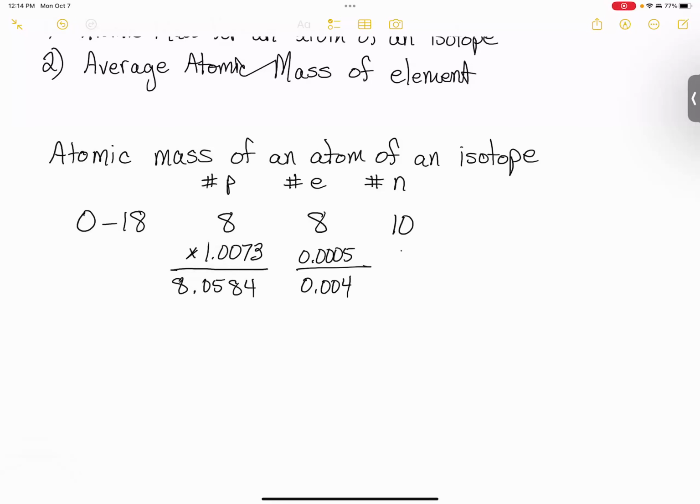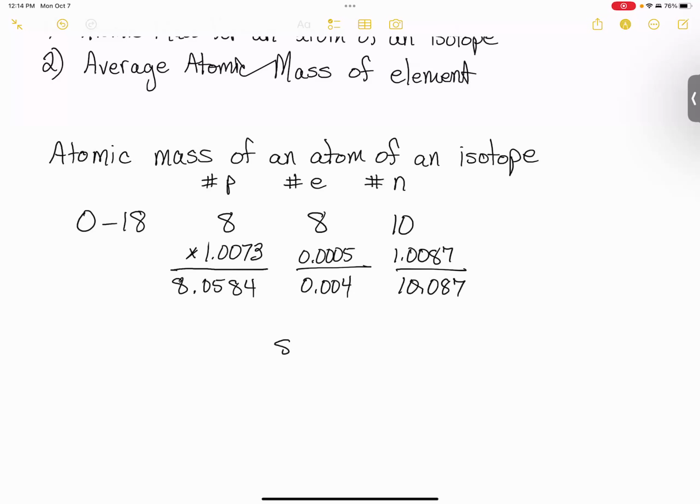And then there are 10 neutrons, which each contribute 1.0087, so a mass of 10.087 from the neutrons. All of these make up the atom of the element.